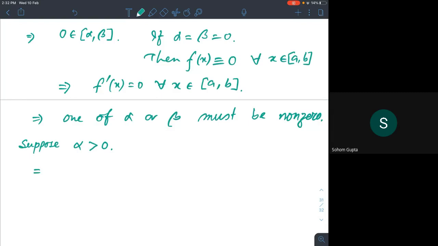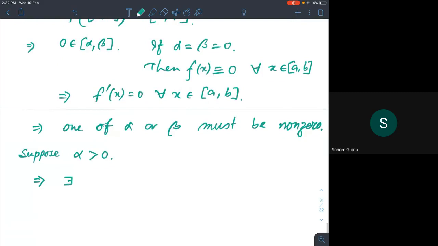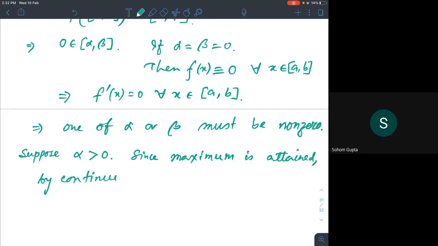So that means there exists... the maximum is attained by continuity.